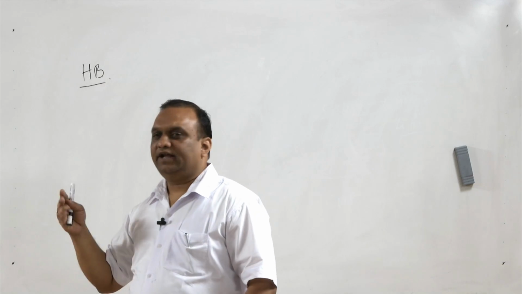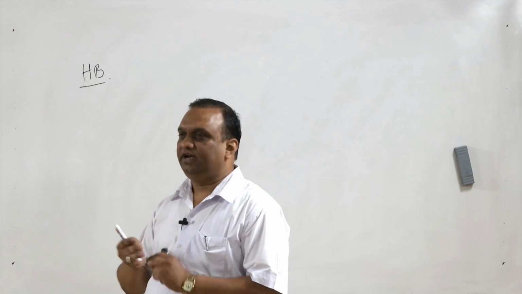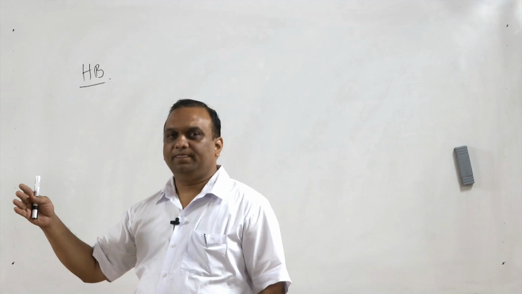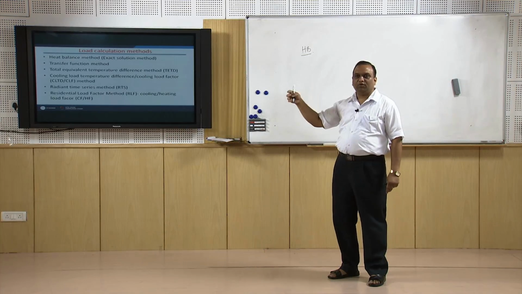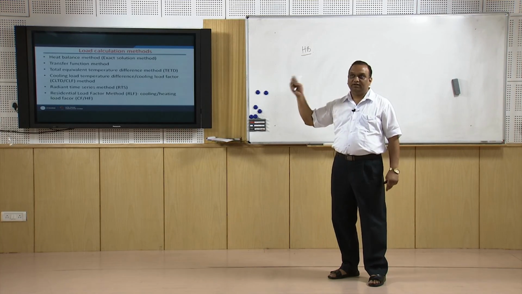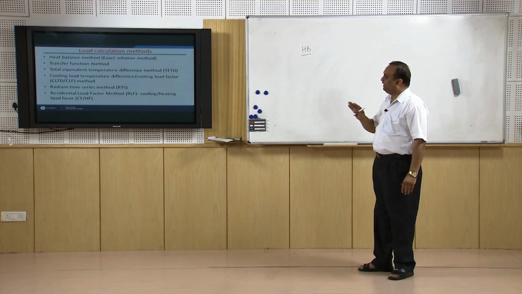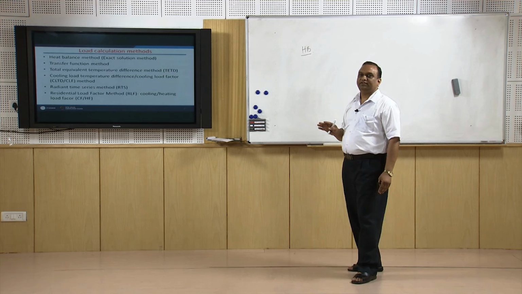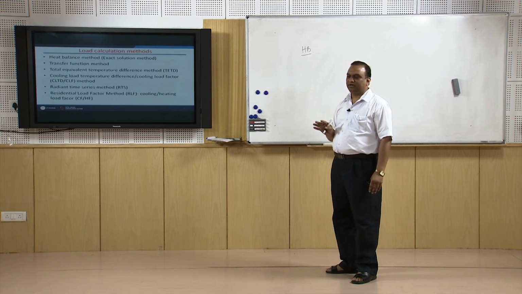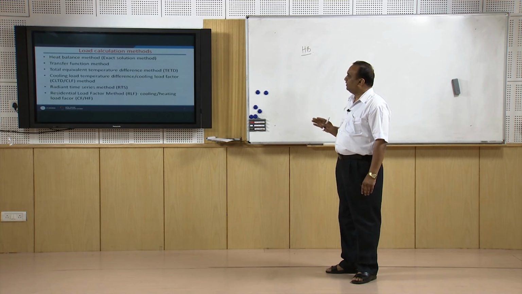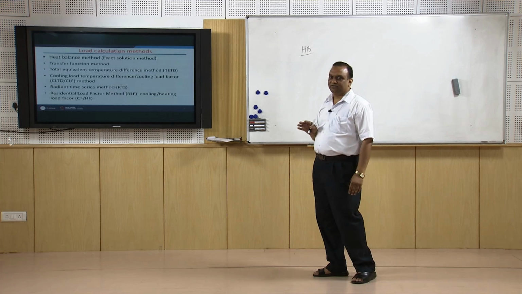I mean conduction, convection, radiation, heat transfer from each wall, outside wall and each wall of the room, from one room to another, from roof, from floor, from everything. It is a complete heat transfer exercise and it is an iterative method, but it gives us the exact solution.